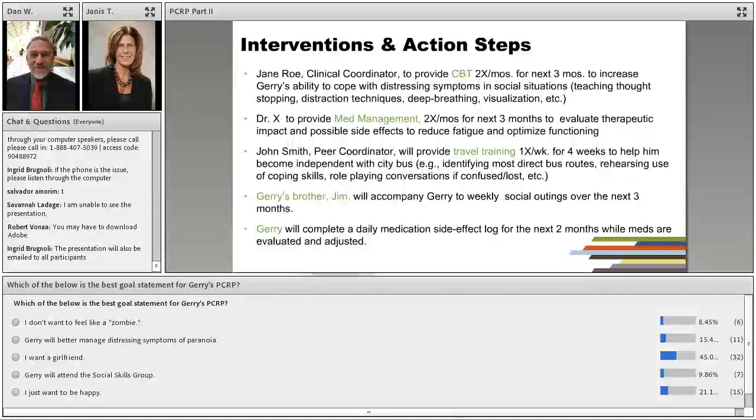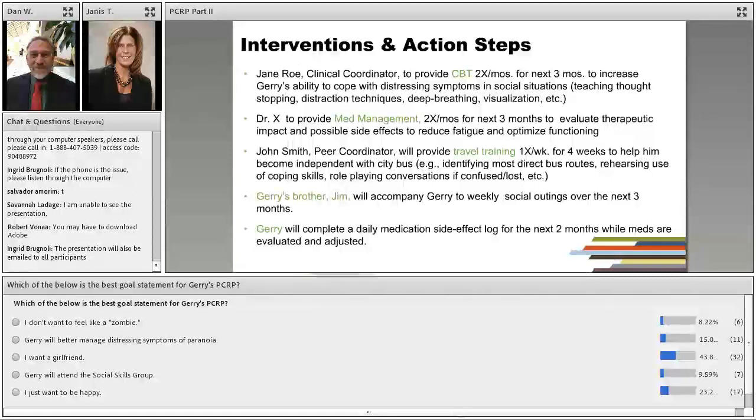And as you can see here with this final slide, he's going to need a range of different kinds of help to do that. Maybe he needs some cognitive behavioral therapy to cope with distressing symptoms in social situations, and ongoing quality medication management to really evaluate the impact of the meds and take a look at that fatigue he was experiencing.